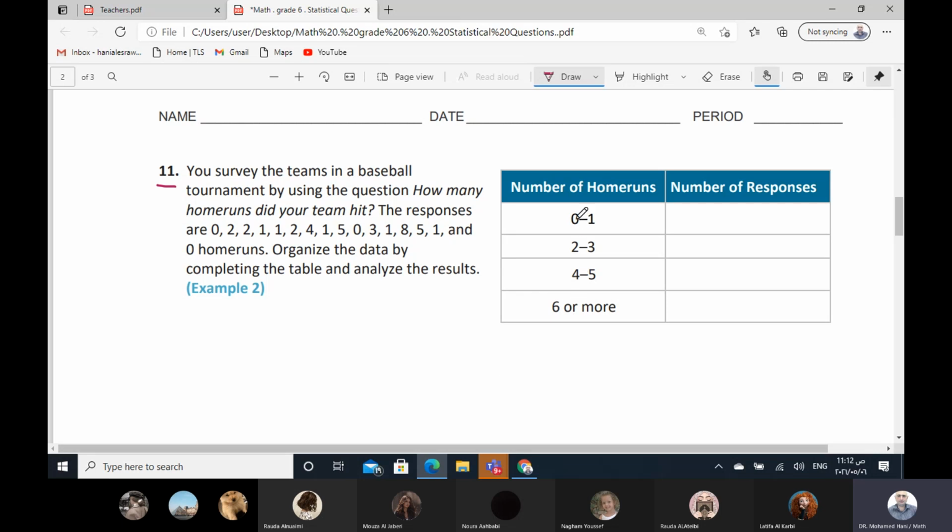The period between 0 and 1. Here we have 0, 1, 1, 1, 0, 1, 1. So 1, 2, 3, 4, 5, 6, 7. So right here 7.